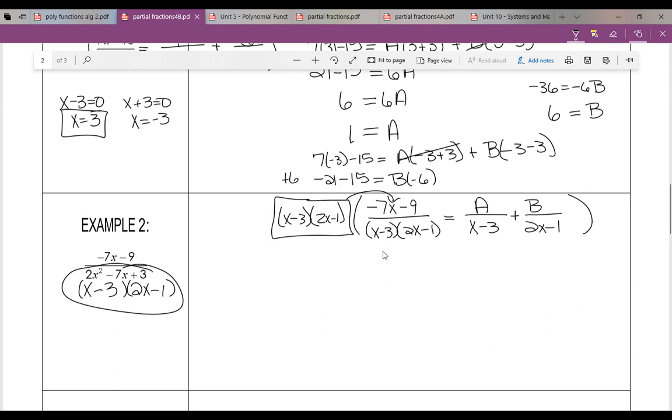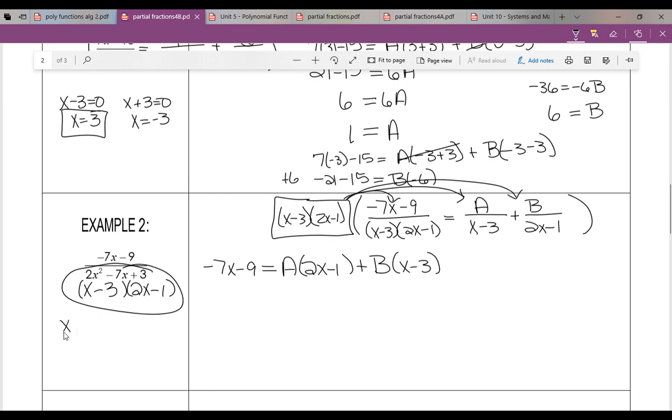When I multiply here, it cancels everything, so I get negative 7x minus 9 equals, what will A end up being multiplied by? The 2x minus 1. And what does B end up being multiplied by? The x minus 3. So you can kind of see what's going on, how the pattern works, right?